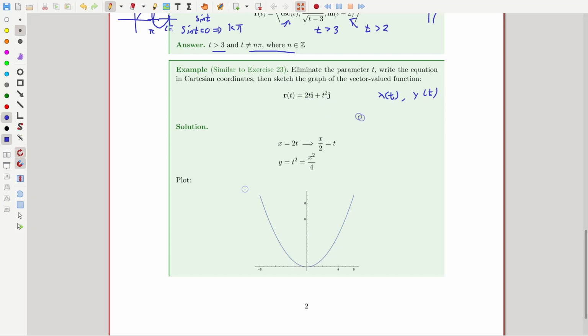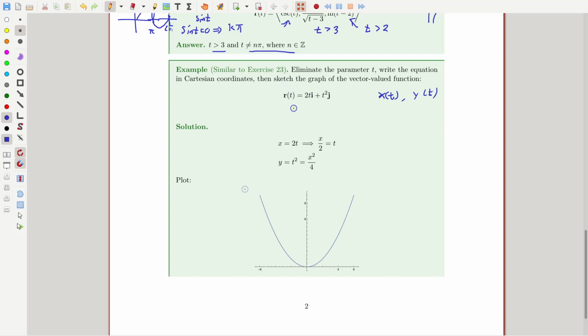So this vector valued function way of writing things is kind of a parametric form of expressing a curve in, well, in this case in two-dimensional space. There's a process to try to eliminate the parameter t to make it written either implicitly or explicitly as a function, as y a function of x or x a function of y.